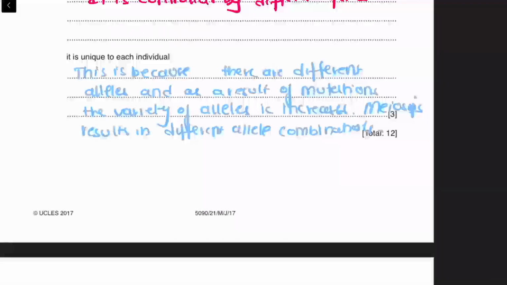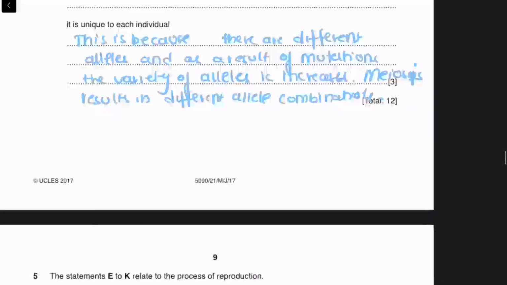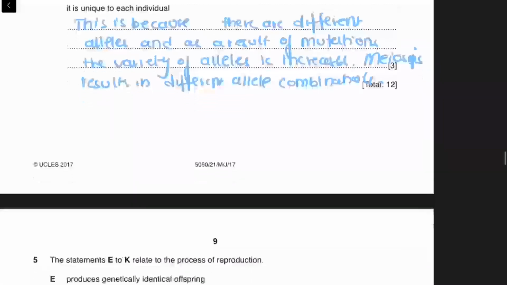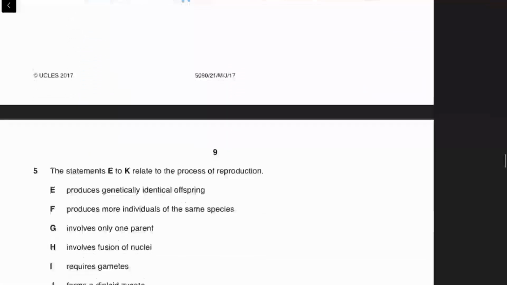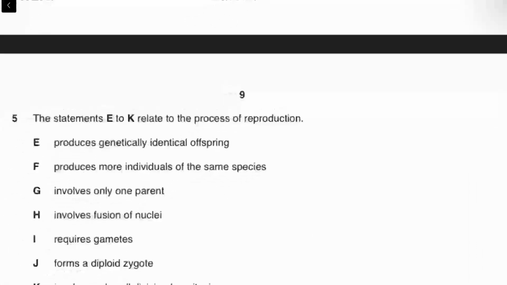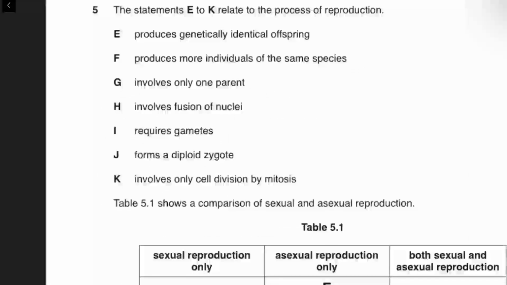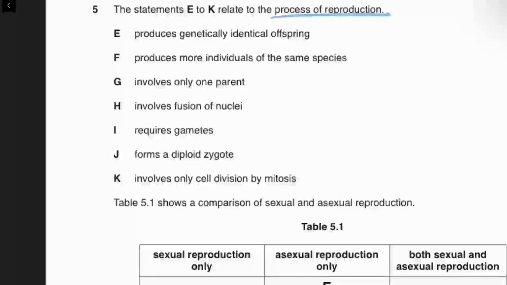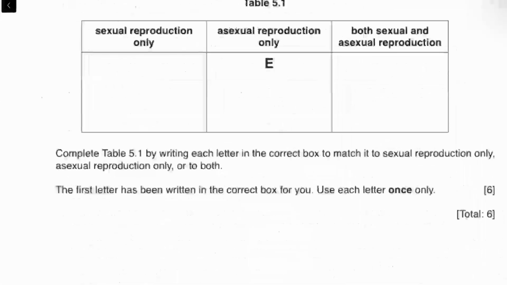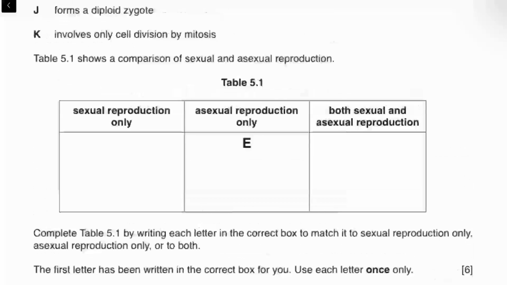I thought there was a script for both after that. I did see that. How did you see it? The statements E to K relate to the process of reproduction. Your favorite chapter. The most interested person. Only six.